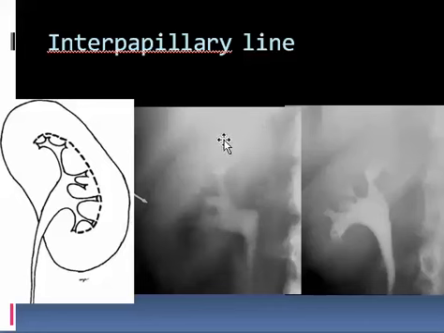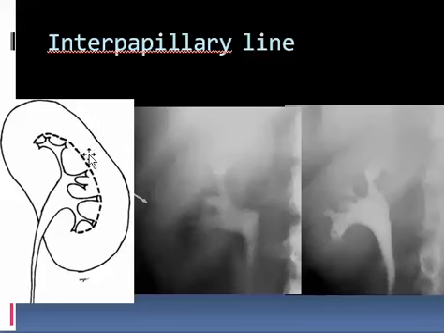So we can get this nephrogram, and here we have this nephrogram showing smooth outline of the kidney, and this one is also again a smooth line joining the tips of the pyramids, or what we call the papilla. So it is like this.